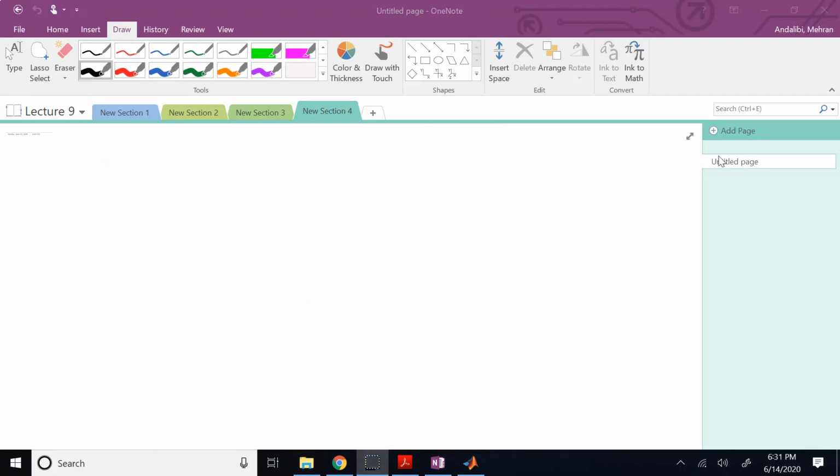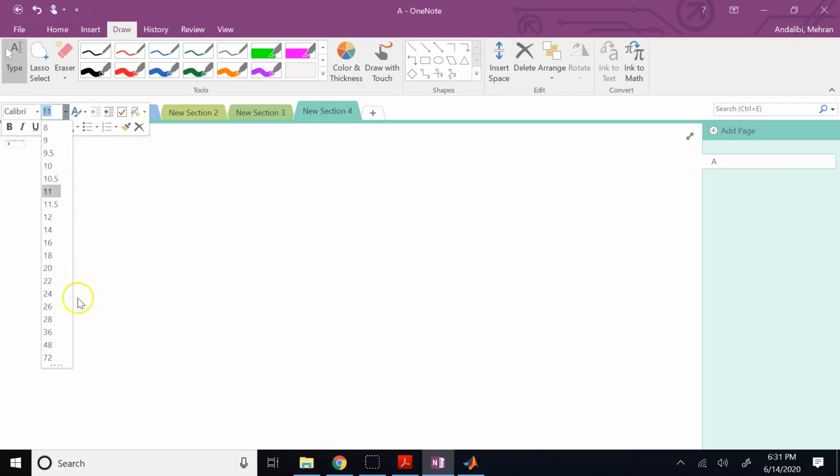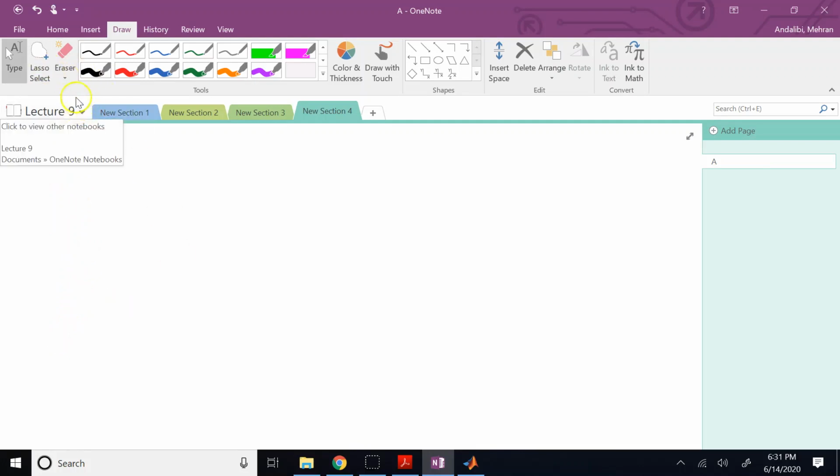So note 1 is always, and actually, let me type it this time. Maybe it's a little better than my handwriting, who knows. Of course, I need a much bigger font size. Even bigger.